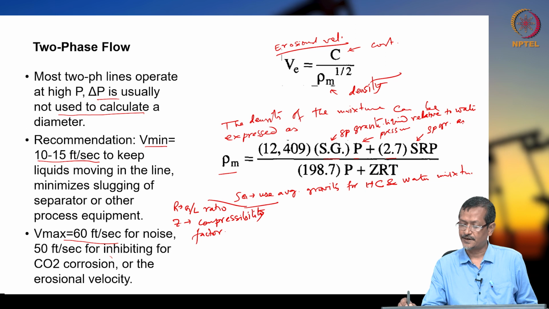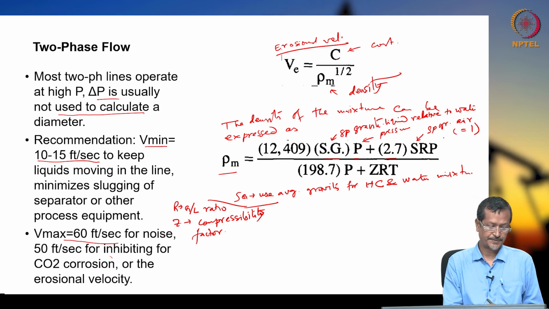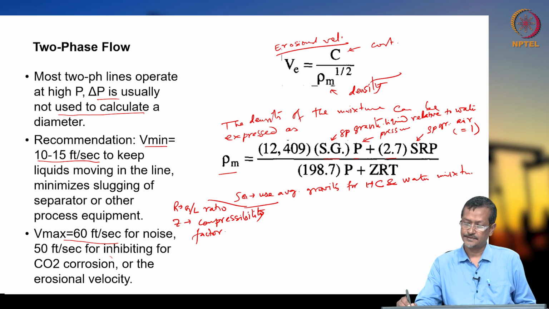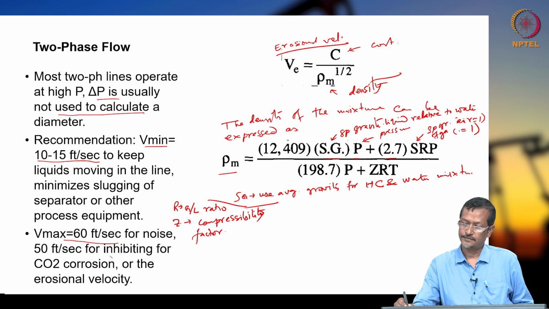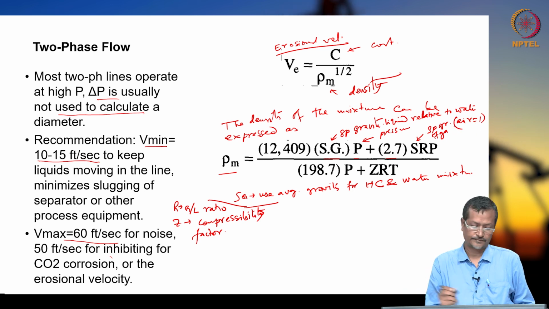S is the specific gravity of gas, with air equals 1. Okay.